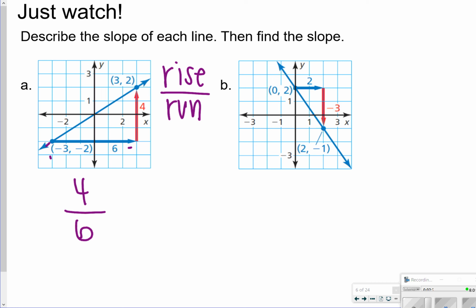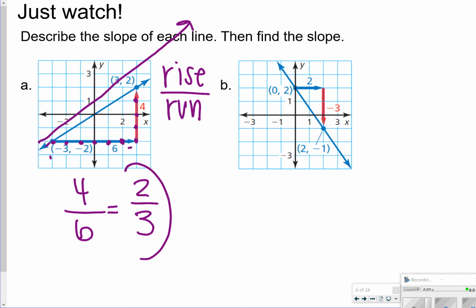They've already counted that for us, but you could also count it too. We would just do rise 1, 2, 3, 4, and then run over 1, 2, 3, 4, 5, 6. You can simplify 4 over 6 to be 2 over 3, and this will be positive because your line is going up in a positive direction. So 2/3 would be the slope for letter A.